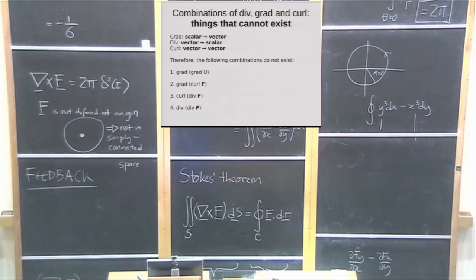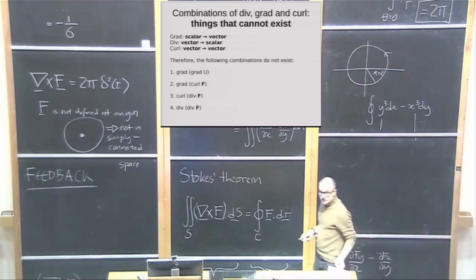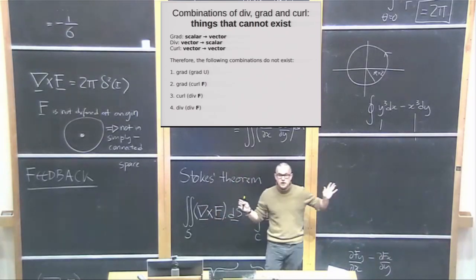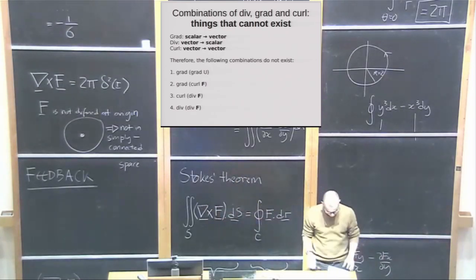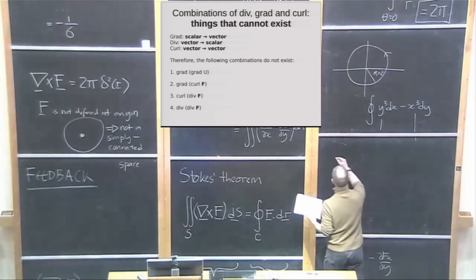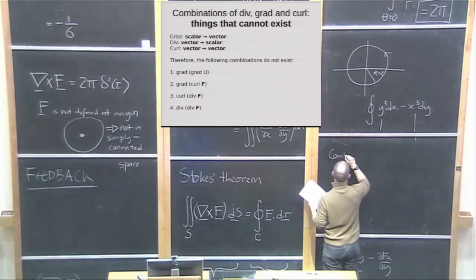Curl and div require vector fields, but div gives you a scalar field, so these expressions also cannot exist. So there is no sense in which these equate to anything. They don't equate to zero. They simply are nonsensical and they don't exist at all. There are two expressions which are always zero.